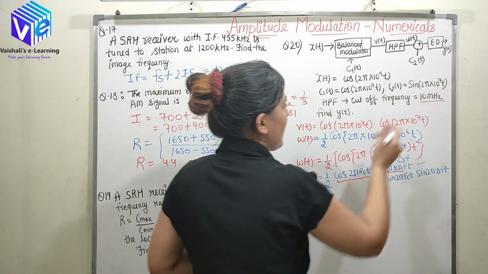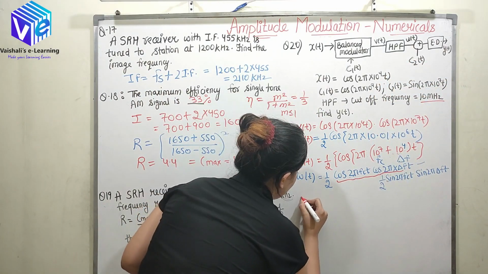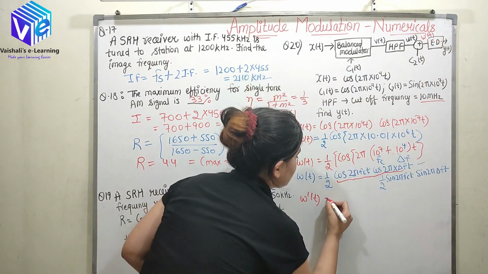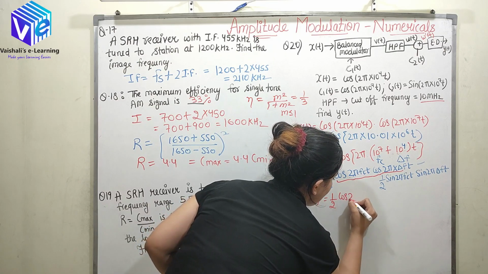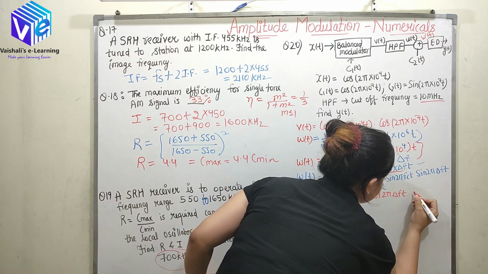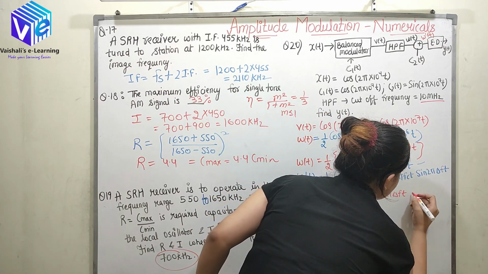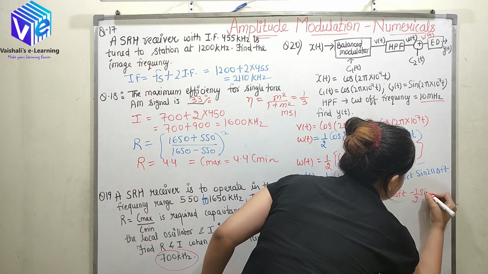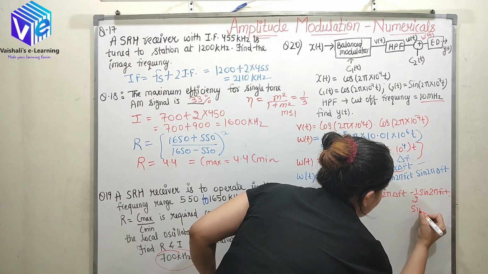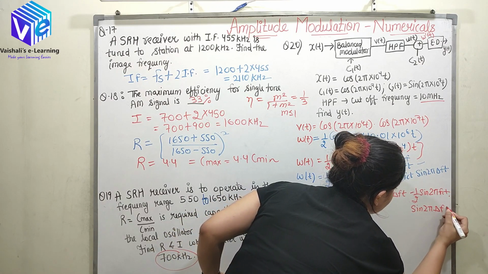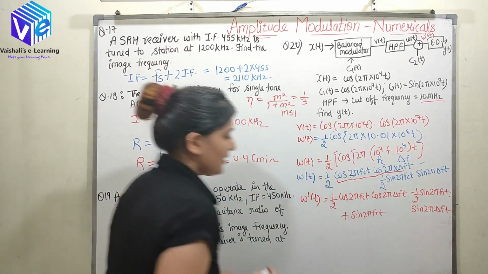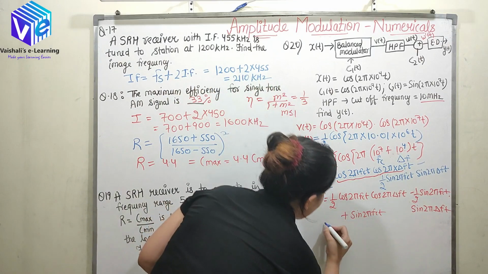Now sin 2 pi fct is added, so let's suppose this is my w dash t. W dash t will be equal to half of cos 2 pi fct cos 2 pi delta ft minus half of sine 2 pi fct multiplied with sine 2 pi delta f t. It is added with sine of 2 pi fct. So now I can take sine of 2 pi fct common.